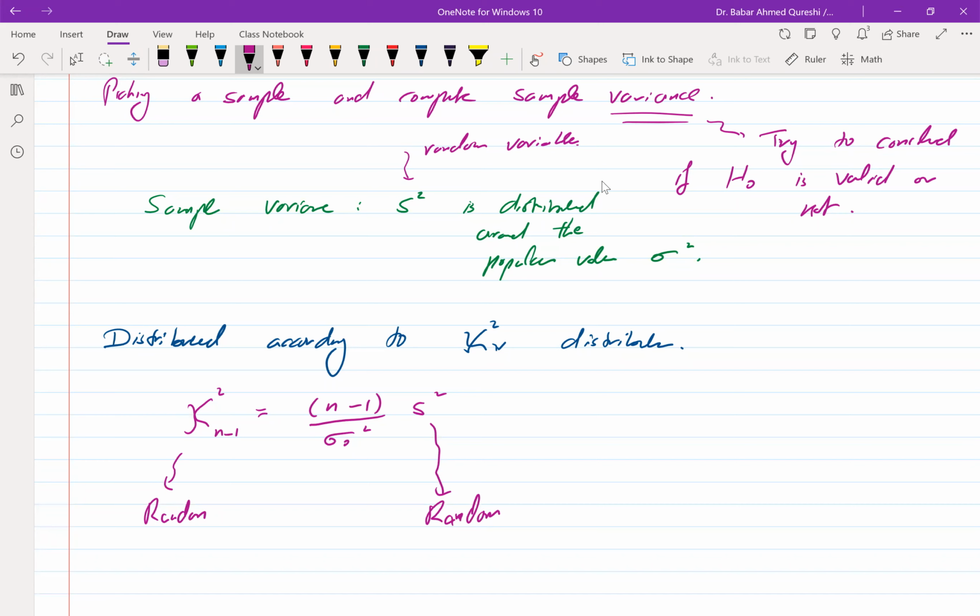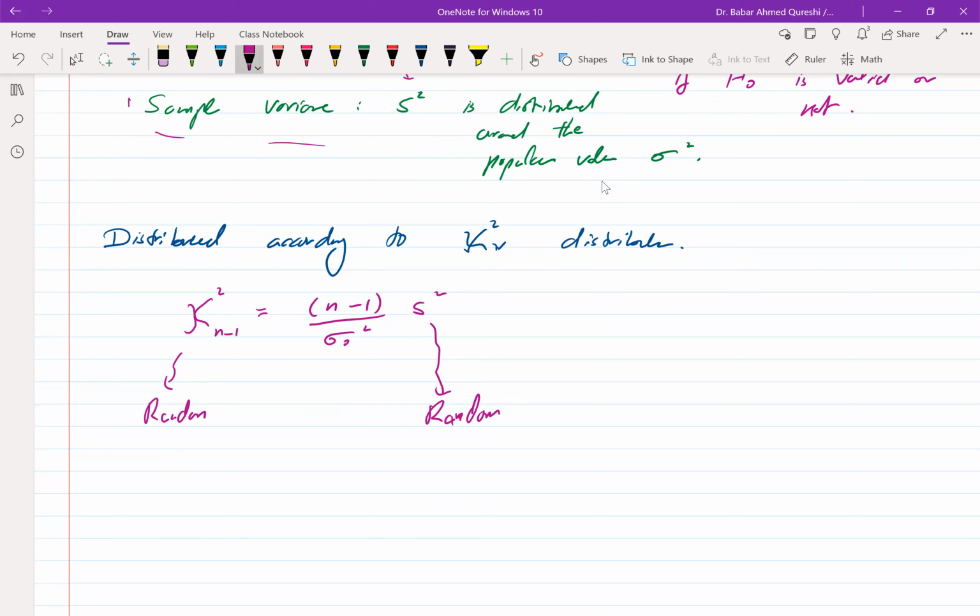And there's some scaling and some squaring involved, but they are related. So if you know one, you can conclude about the other. And this fact is very important, that we know that the expectation value of the sample variance is equal to the population variance.